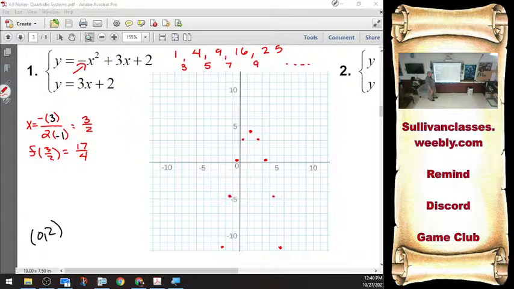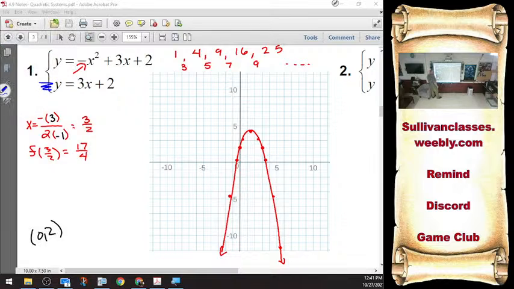I could try to find my Y-intercepts. Well, Y-intercept is really easy. It's just at 2, which means if I go 1/2 that way, I can go 1/2 that way. You get this curve like so.